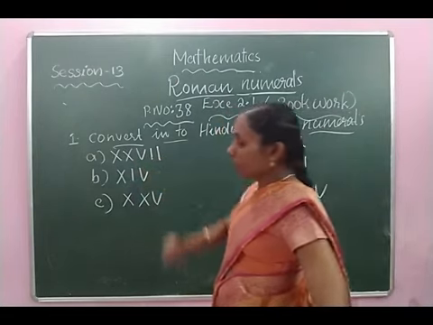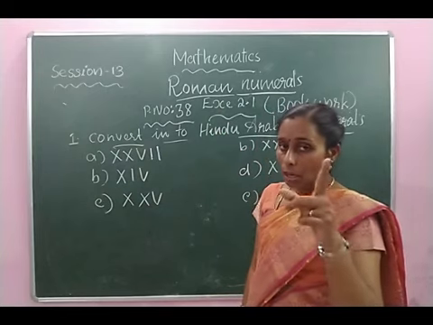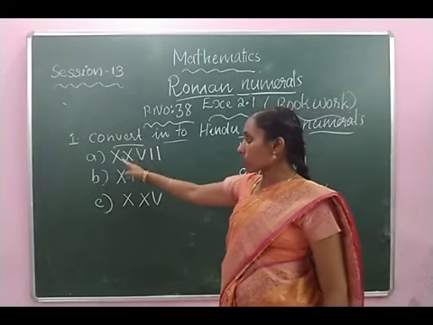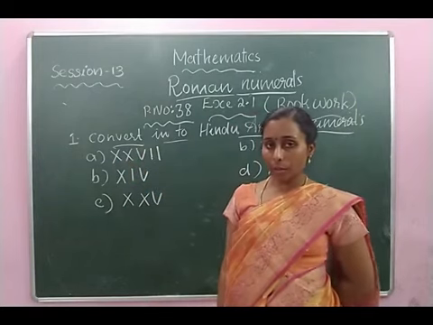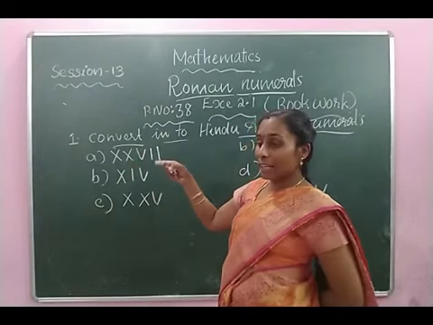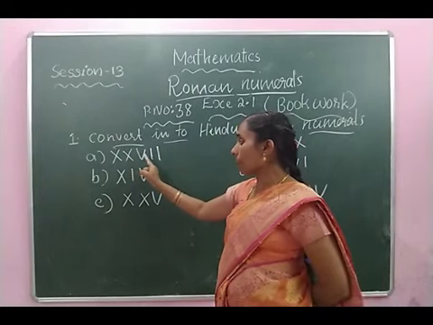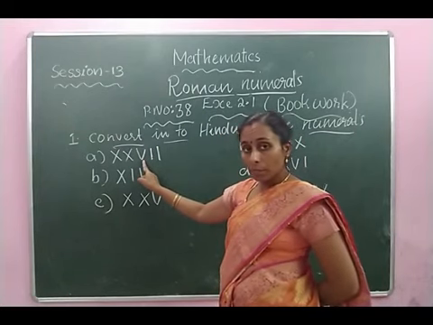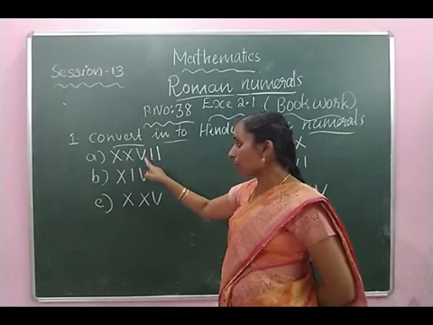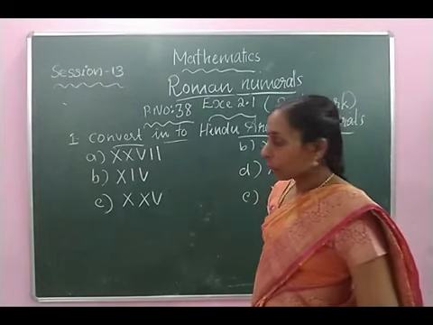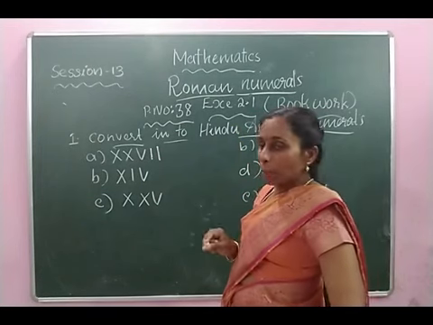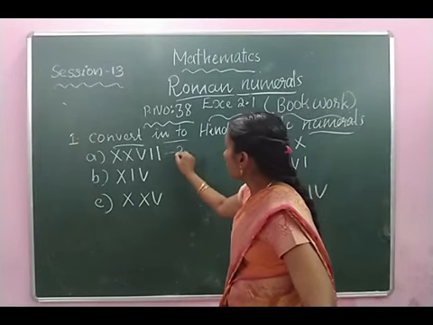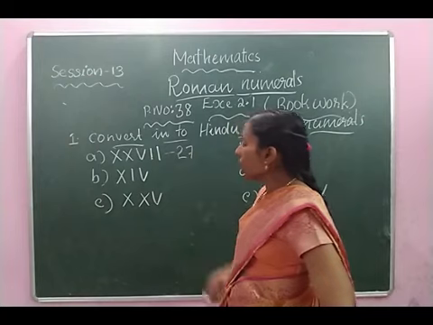Two numbers are repeating. That means addition. X means 10. 10 plus 10, 20. When the number comes on this side, that will add. 20 plus V, V means 5. 20 plus 5, 25. Then II, that is 2.